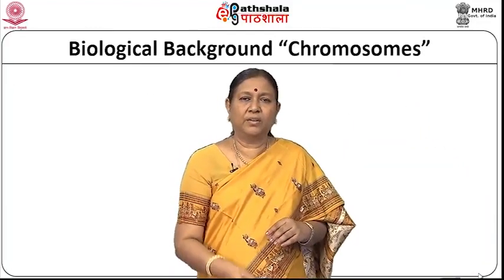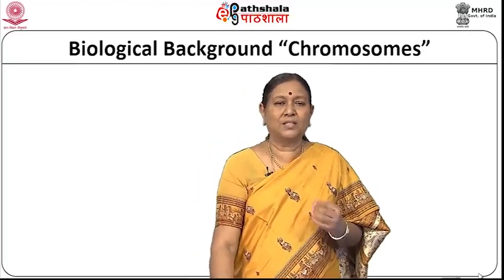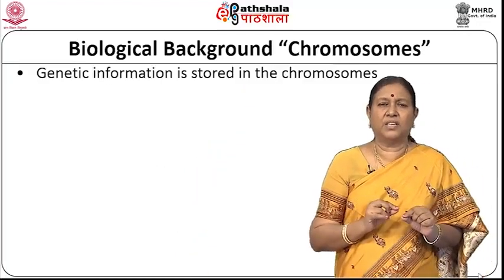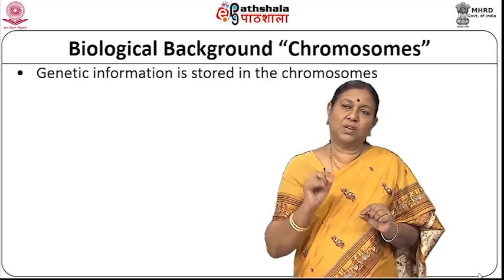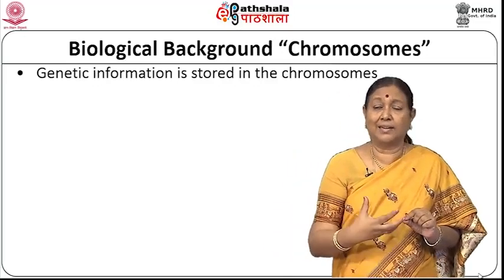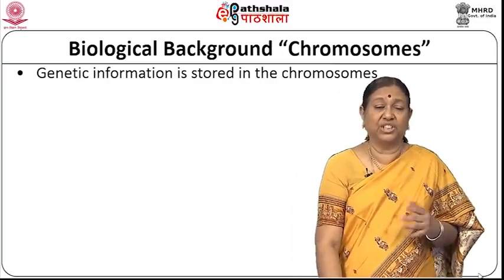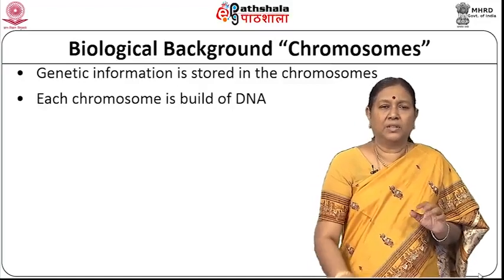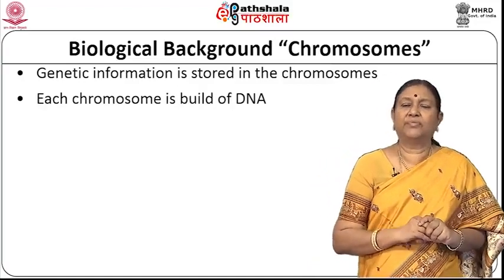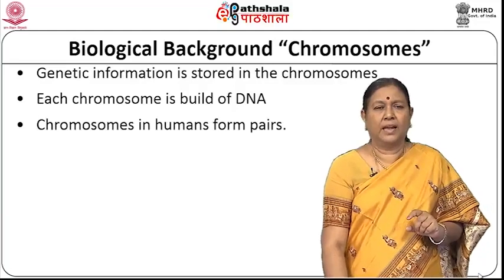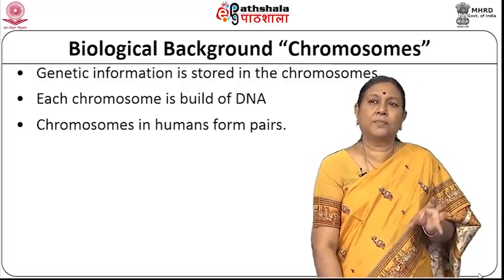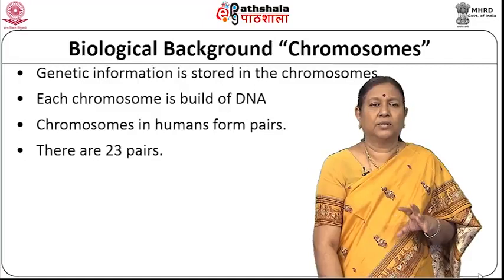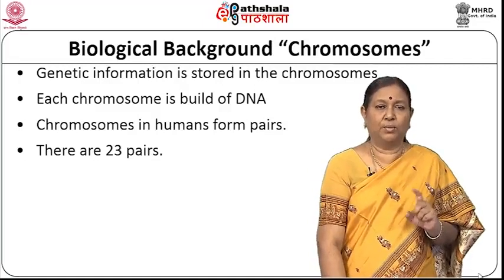And now we will go to the chromosomes. What are these chromosomes? The genetic information is stored in what are called chromosomes, and genetics decides a lot of factors for us in nature, in humans. Each chromosome is built of DNA, and chromosomes in humans form pairs. There are 23 such pairs in humans.